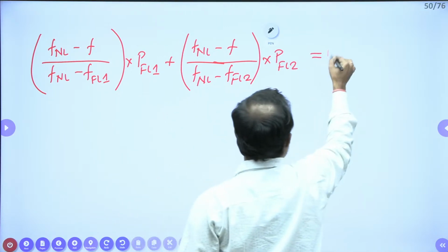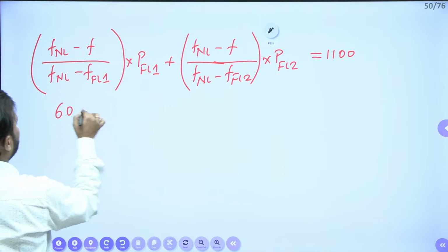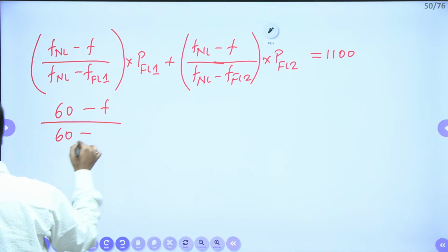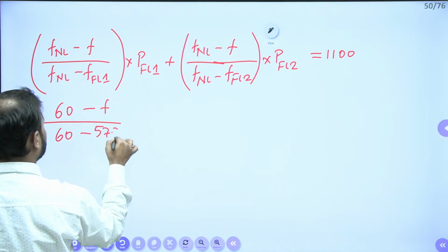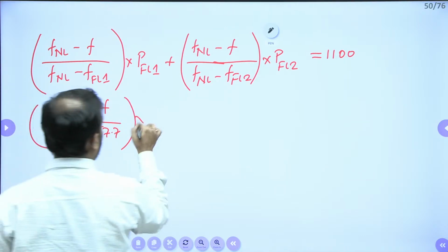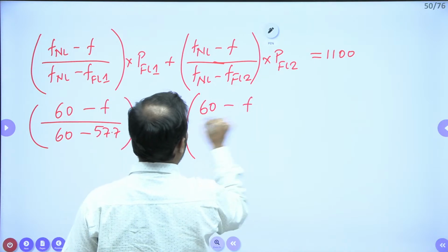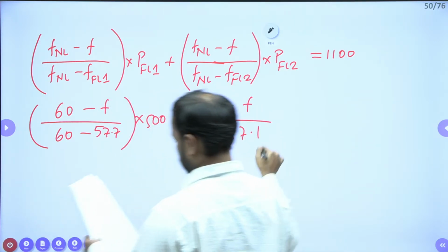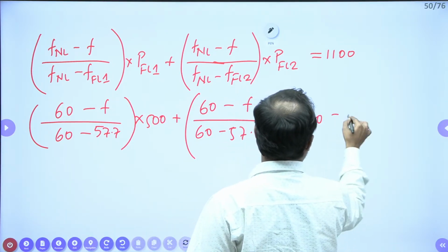This is equal to 1100. So no load is given as 60, minus F is unknown, divided by 60 minus FL1, which we have calculated as 57.7, into 500, plus 60 minus F is unknown, divided by 60 minus 57.143, into 600, this is equal to 1100.